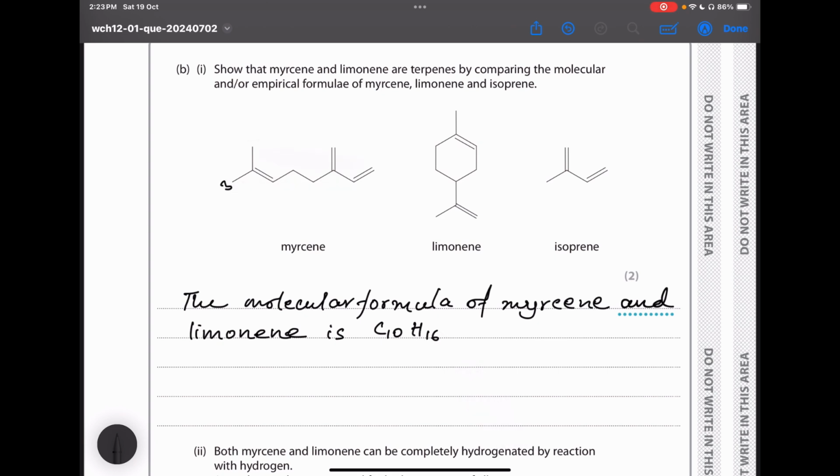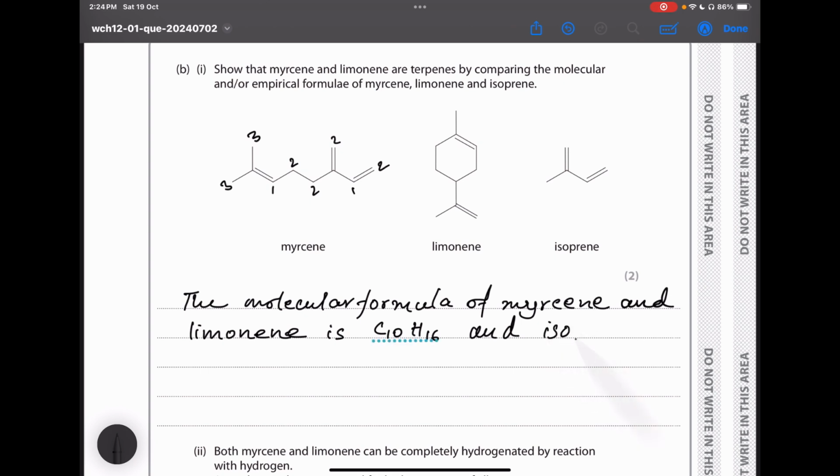So we have 3 over here, 3 over here, none here. We have a 1, 2, 2 here, none here, 2 here, 1 here, and 2 here. If you count all of them, it becomes 16. 3 threes are 6, 7, 8, 9, 10, 11, 12, 13, 14, 15, 16. Yeah, 16. But isoprene is actually C5, 1, 2, 3, 4, 5, and H8.